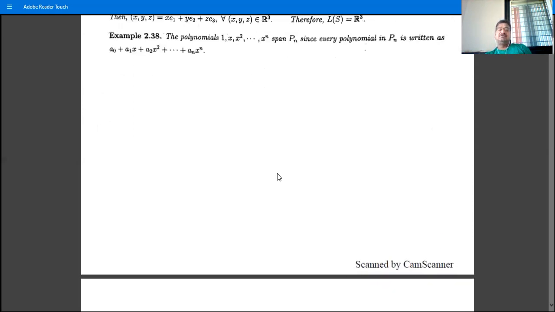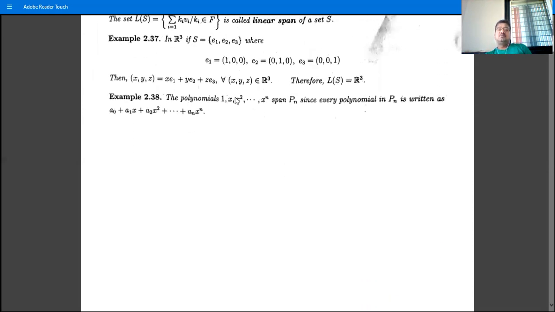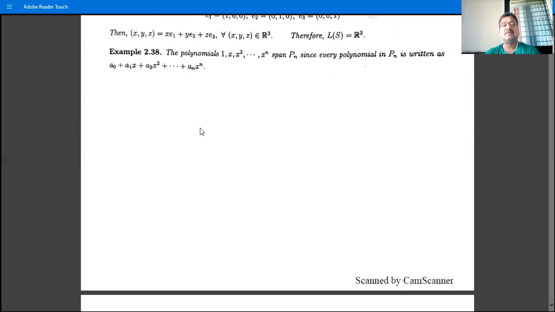Every vector of Pn is expressed as a0 plus a1x plus a2x square plus ... plus an x raised to n, so these vectors span Pn.